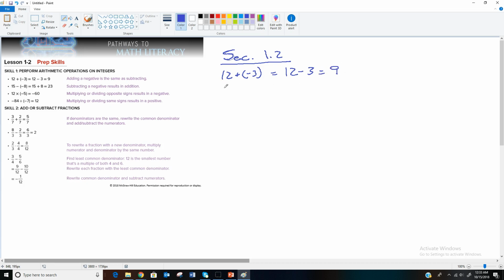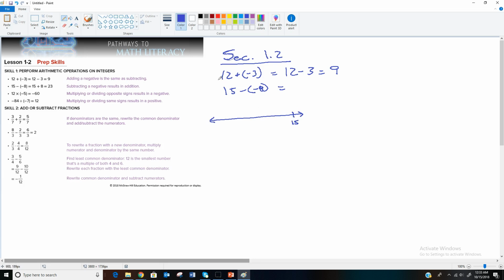And then we have 15 minus negative 8. When you have minus and negative, the minus and the negative undo each other. Think about what a minus does: you're starting at a number and then you're subtracting.